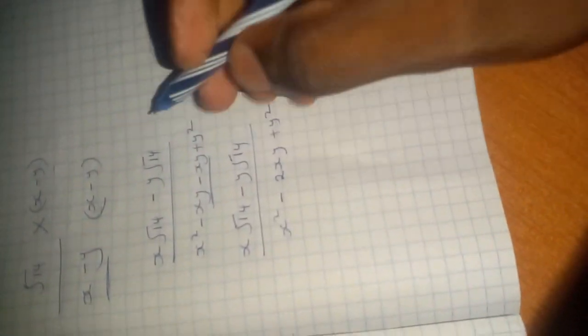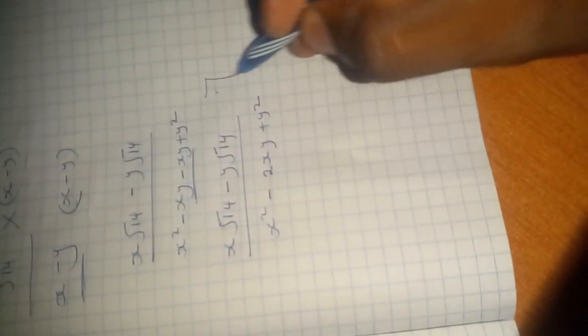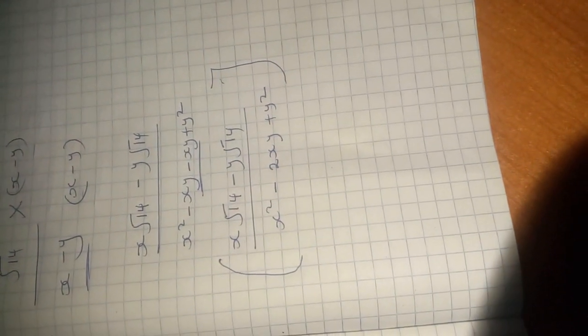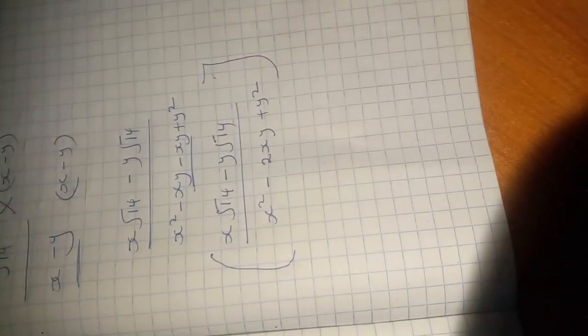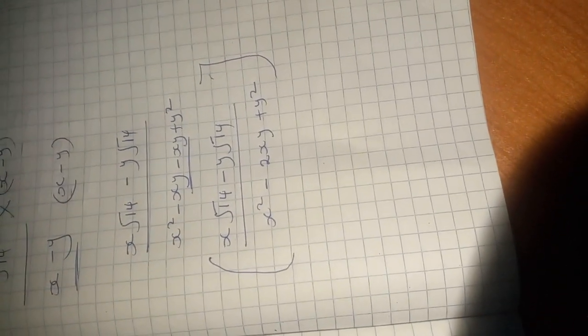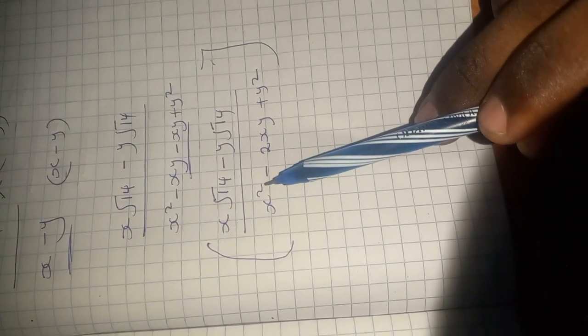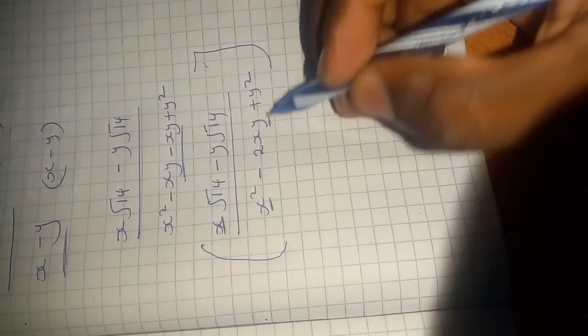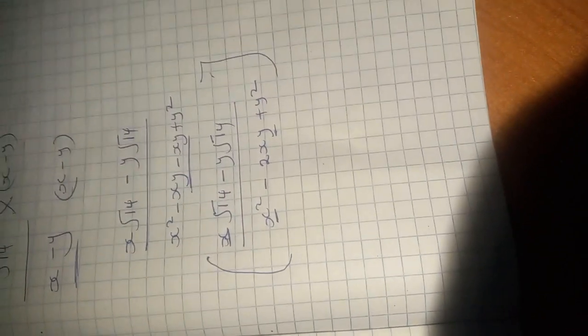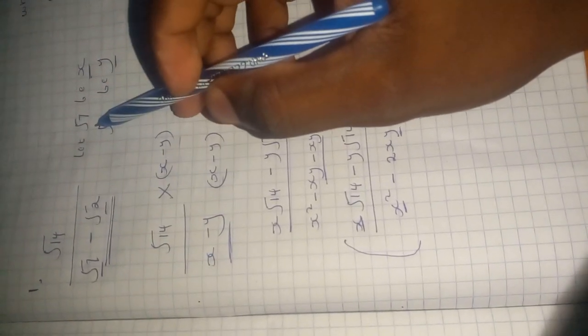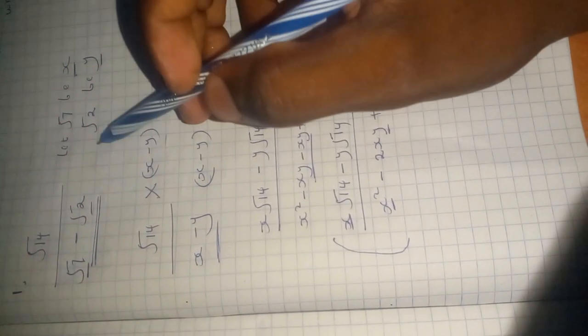So you see you have rationalized that number. Now you replace those letters that you had already used: x is root of 7, y is root of 2.